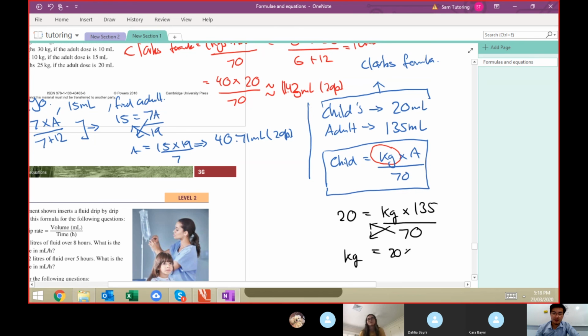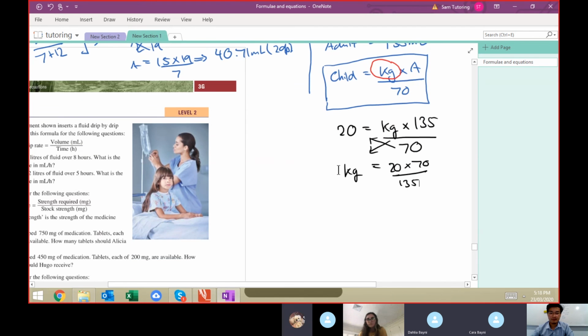Kg is 20 times 70 all over 135. What is that? Wow, interesting. How heavy is the child? 10 point something. He is 10 kilos and 37 grams.